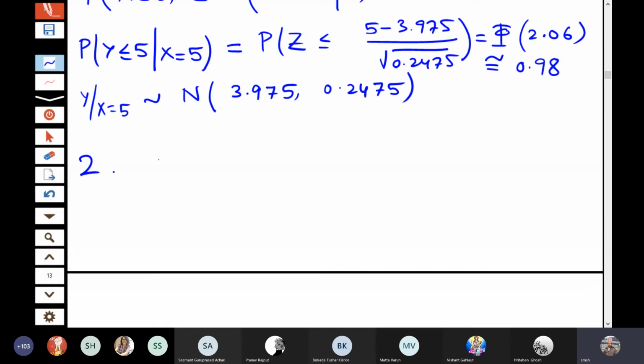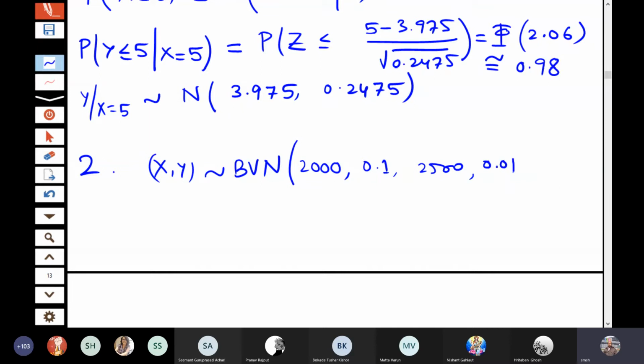Let us take another example. Here (x, y) is bivariate normal with parameters 2000, 0.1, 2500, 0.01 and 0.87.